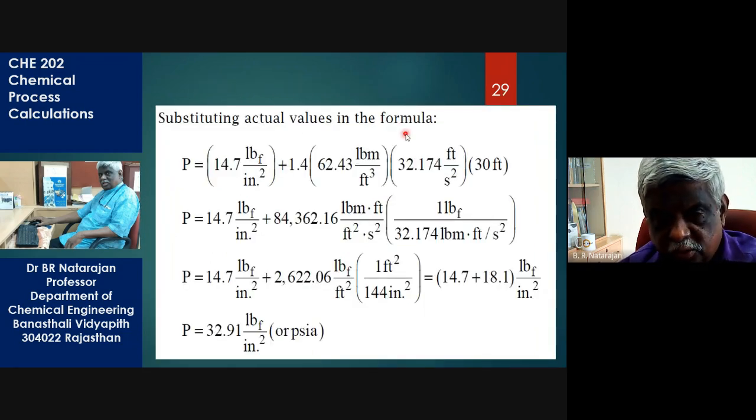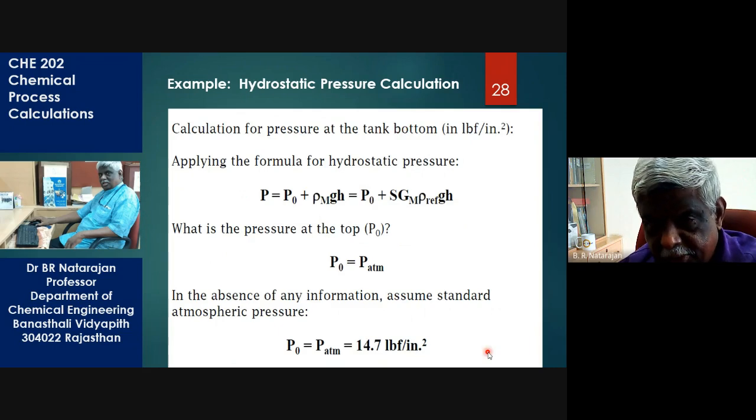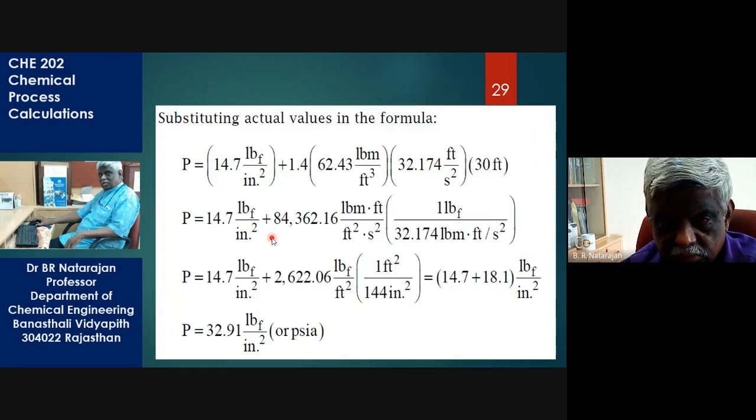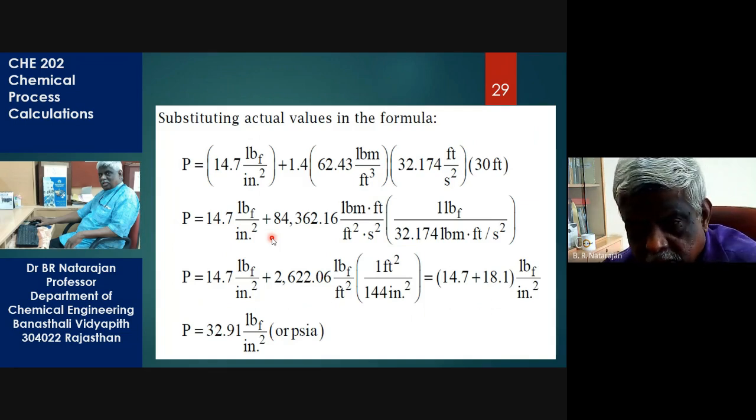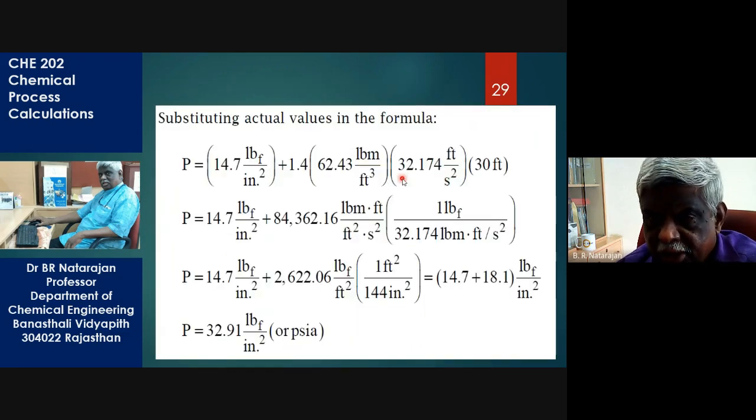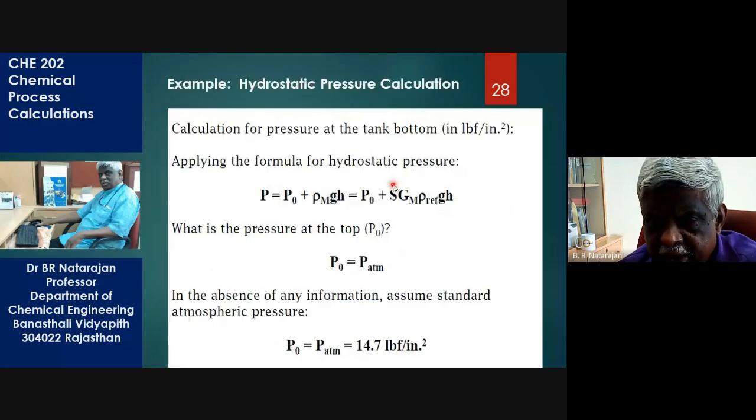Now we substitute the values. We substitute the value rho g h, right? And height is 30 feet. And what else? The acceleration due to gravity, the g value, is 32.174 feet per second square, right? That is the density of the molasses into g. g is the acceleration due to gravity, and h is the height of the tank. So put it in this equation.